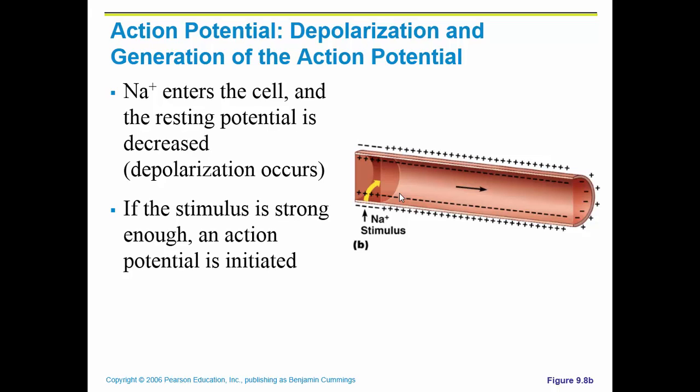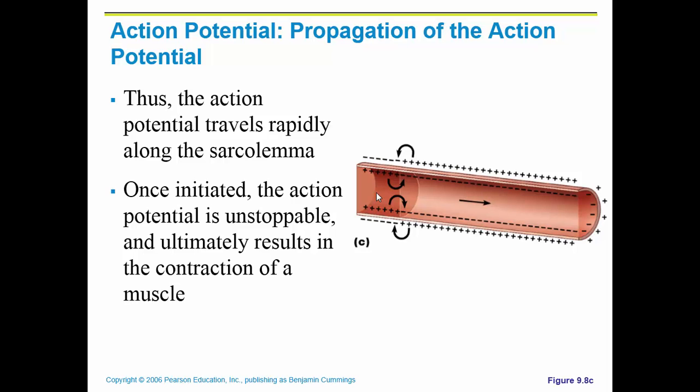As sodium enters the cell, the resting potential is decreased because now we're not polarized anymore. We're becoming depolarized, changing the charges across the sarcolemma. If the stimulus is strong enough, then we can have an action potential initiated. As this depolarization event is propagating down the sarcolemma, and you can see it's traveling in one direction, it is unstoppable.